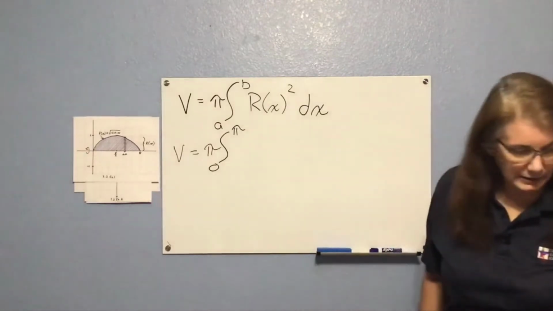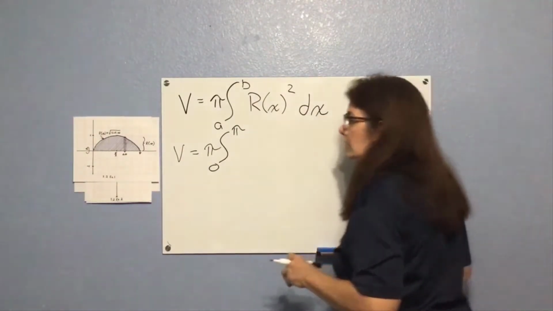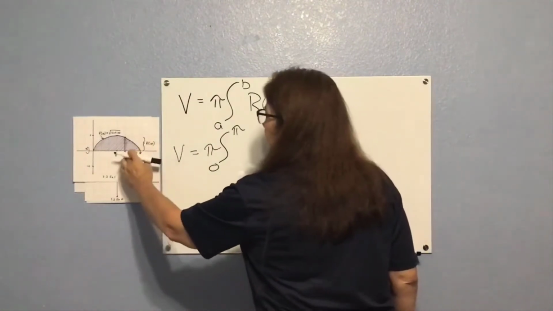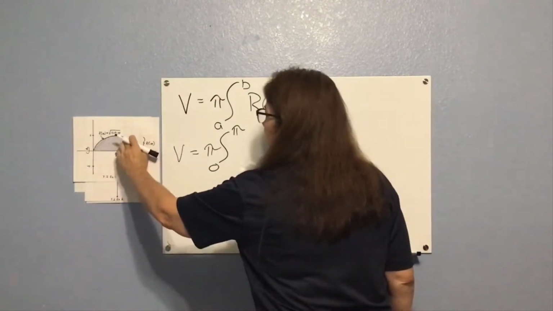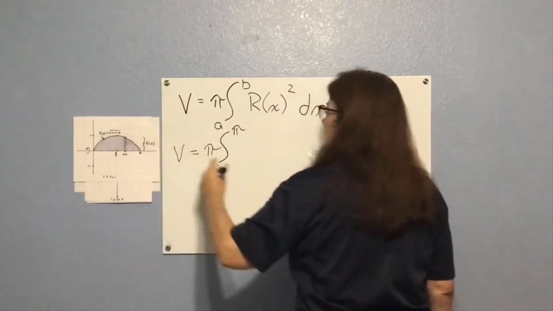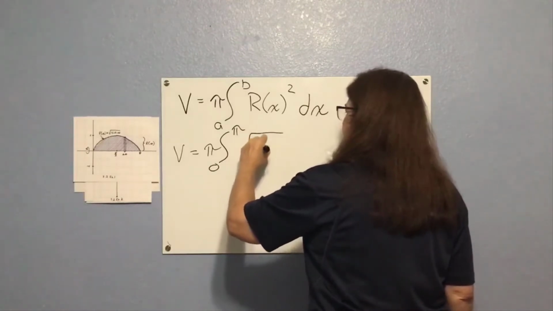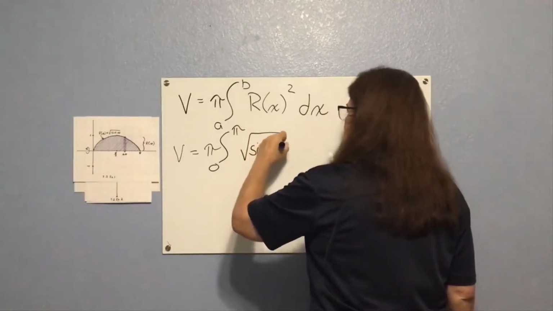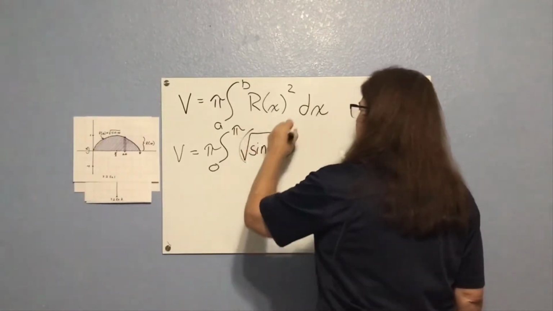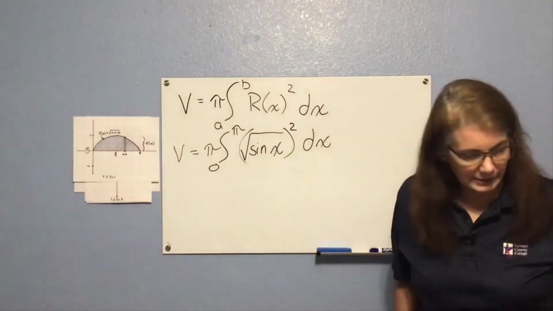And then I need r of x squared. Well, r of x, the height of this rectangle, goes right up to the function. So I'm going to have the square root of sine of x, squared, dx.